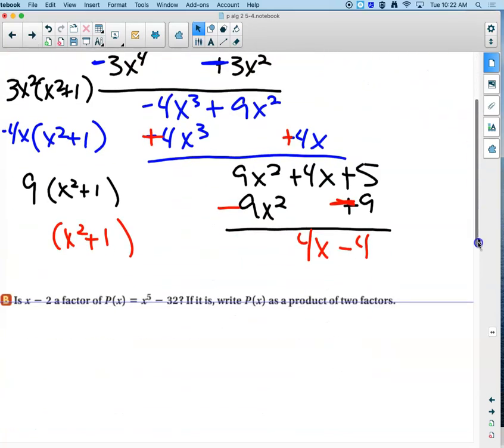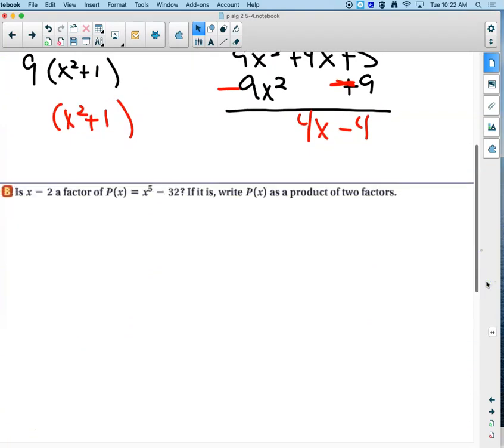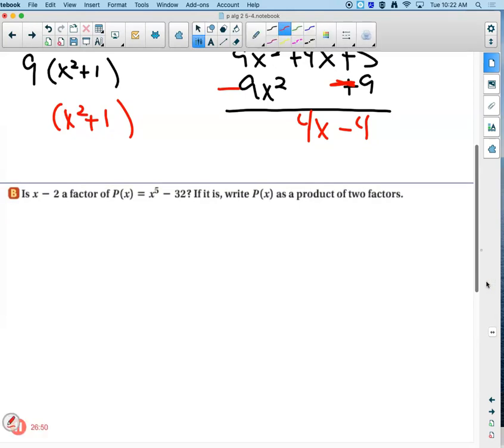All right, we have another one down here. My blue line seems to be right in the middle of that. There we go. Oh my goodness, look at this one. What do I need a whole lot of for this problem? A whole lot of zeros. Yeah, because we go from x to the 5th all the way down to the constant of negative 32.